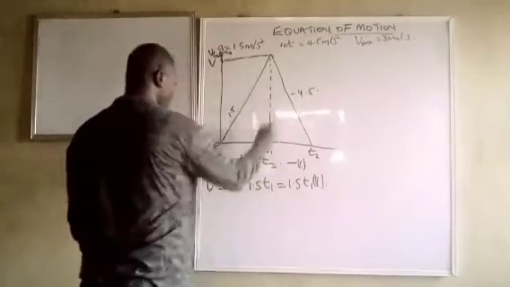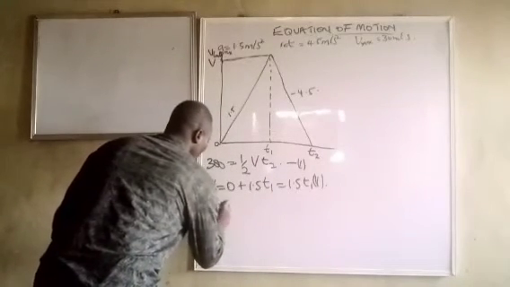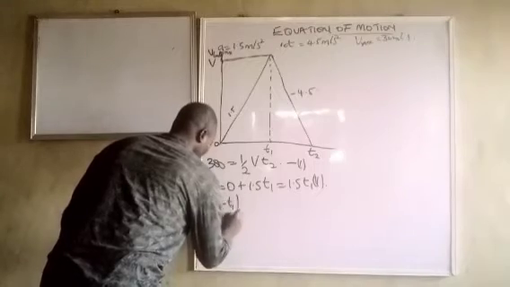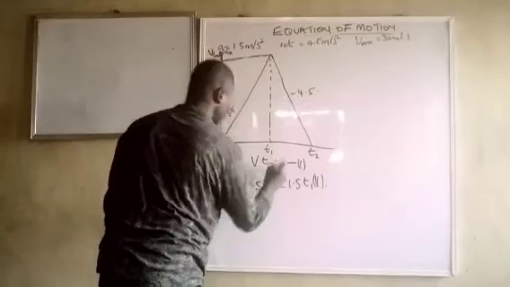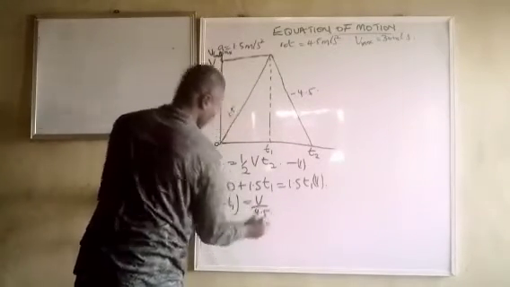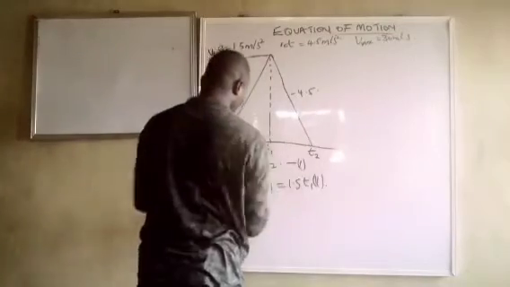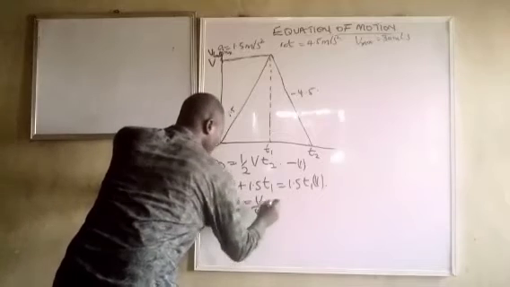And what is T2? T2 minus T1 will be equal to V over 4.5 from this. So what does that give us?